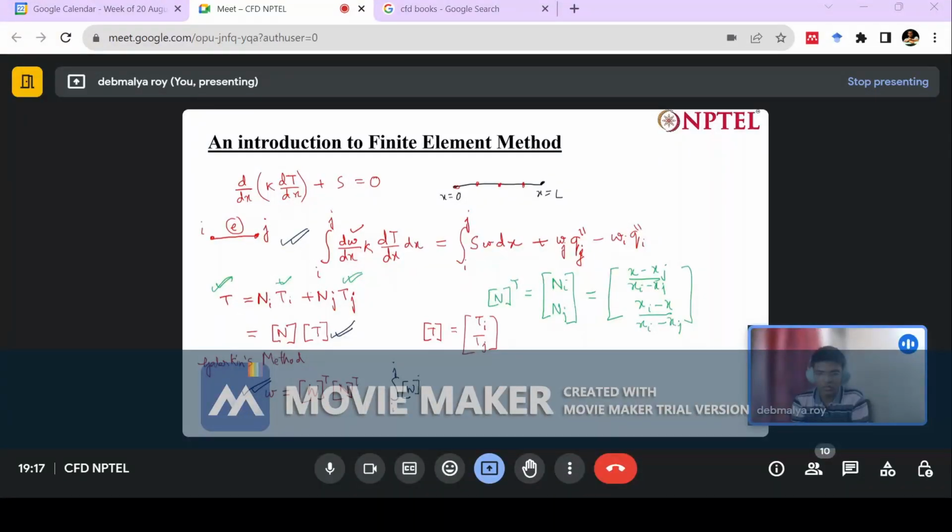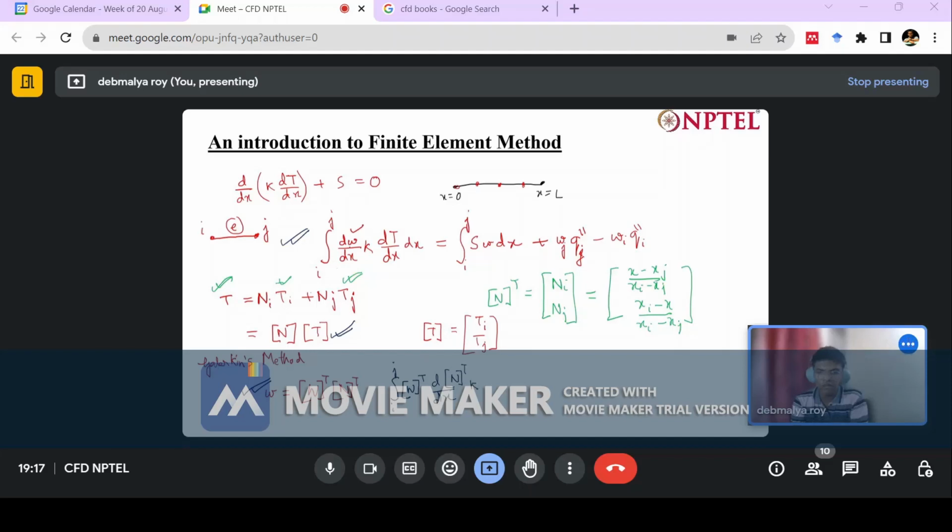So we will have this W transpose. This is independent of x, so it can come out of the derivative. However, N is not independent of x, so that will remain. So this becomes N transpose dx.